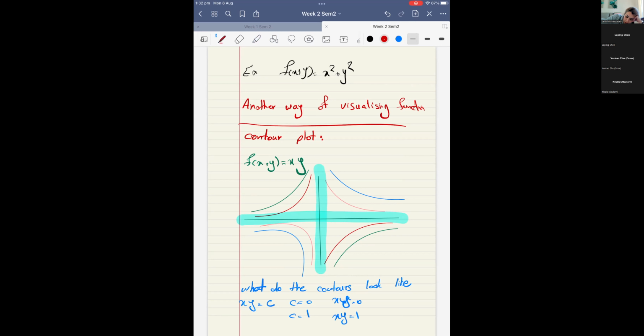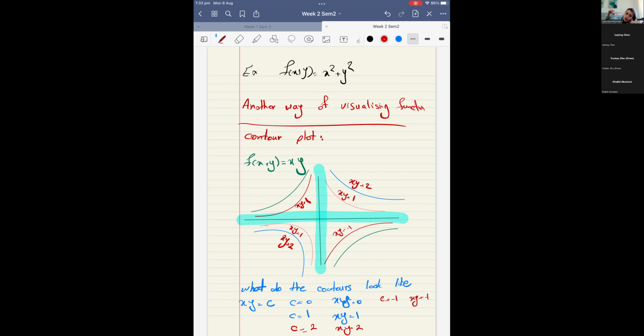Which line would it be? This line, xy equals 1. If c equals 2, it means xy equals 2. If I choose minus 1, it means xy equals minus 1. It means one of them should be positive and one of them negative. Here xy equals minus 1.